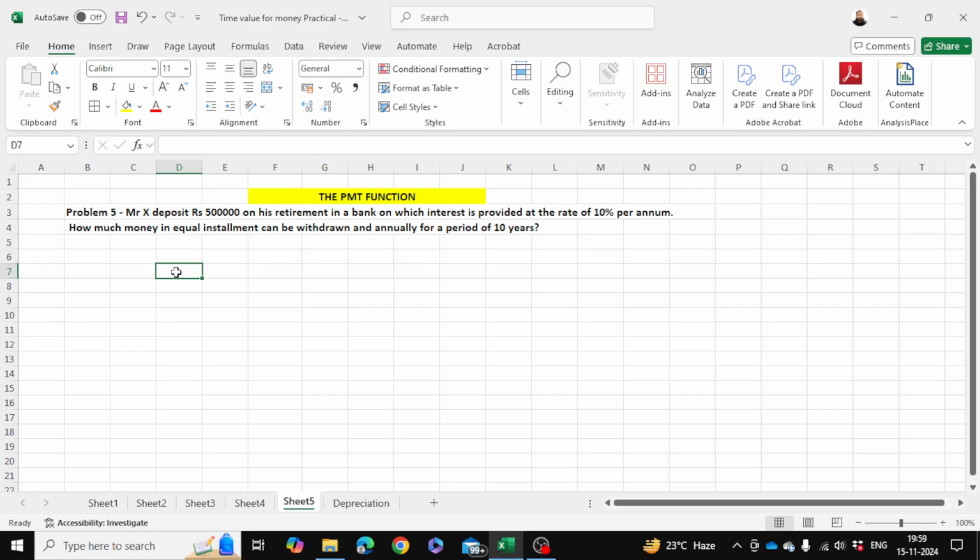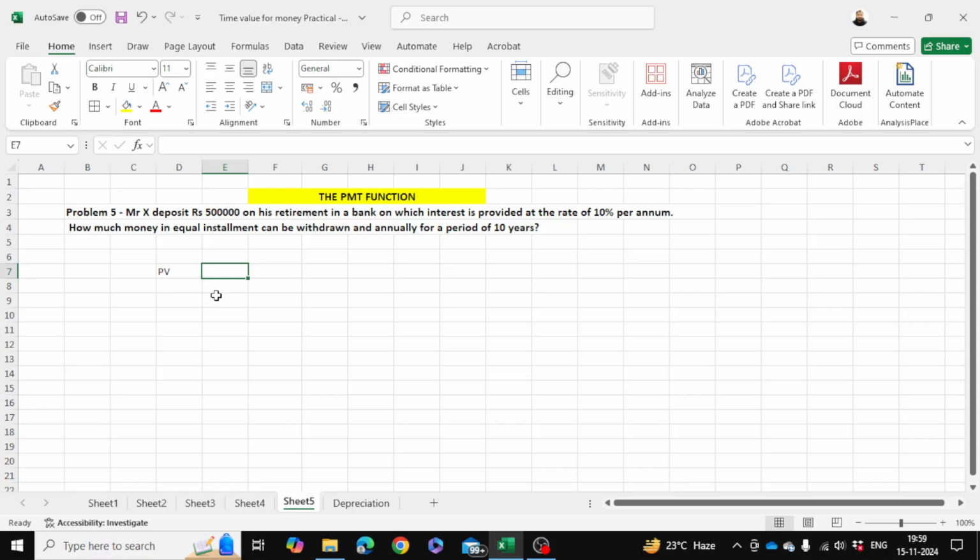Okay, so first of all, similarly you have to write all the things given in the question, right? So present value, Mr. X deposits rupees 5 lakh on his retirement in a bank on which interest is provided at the rate of 10% per annum.